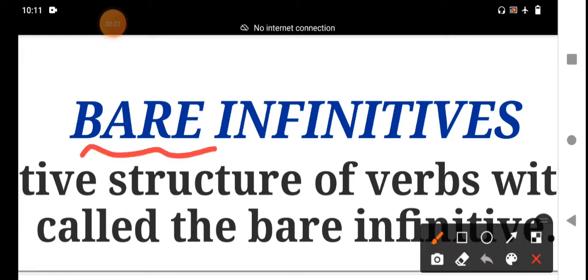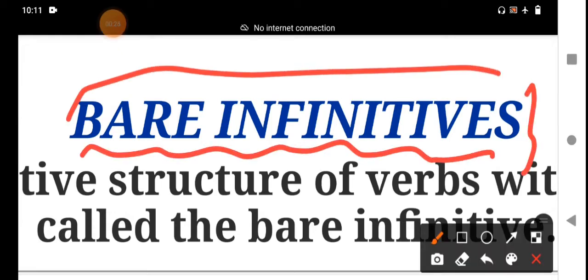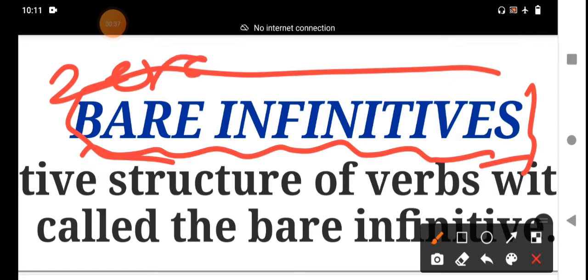As you all know, my dear students, these bare infinitives are also called zero infinitive, base form of the verb, and plain infinitive or zero infinitive.